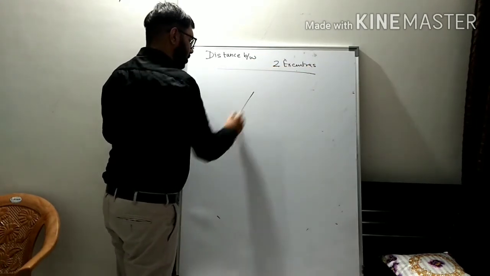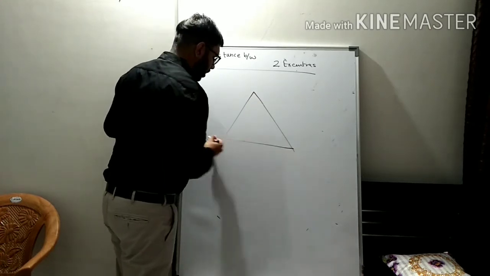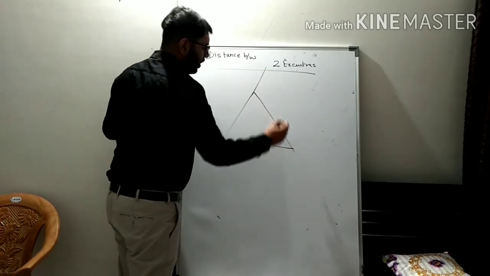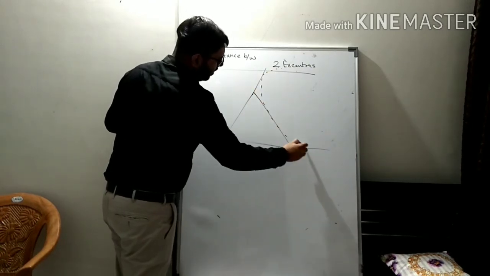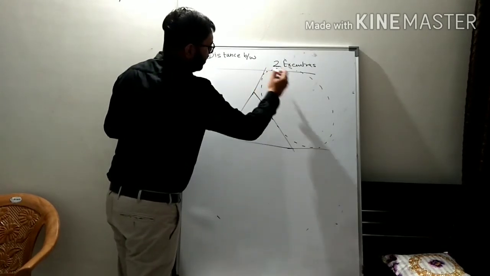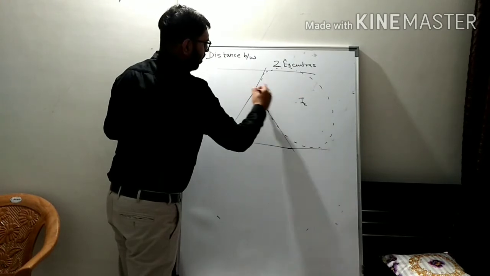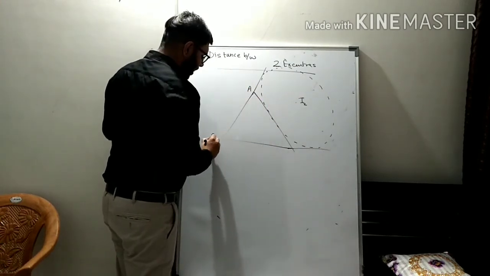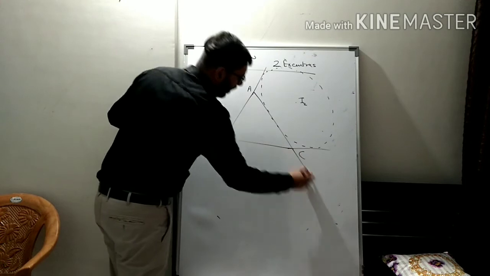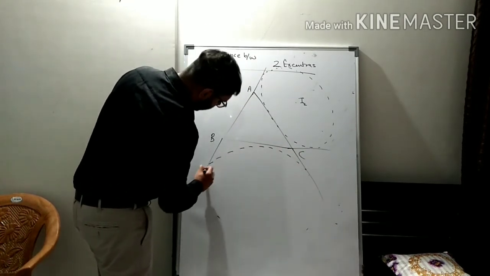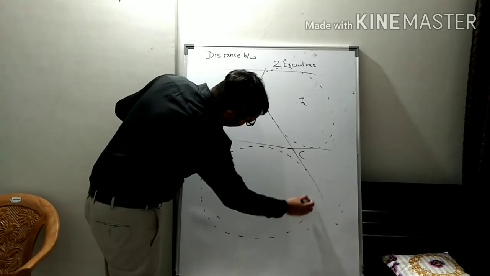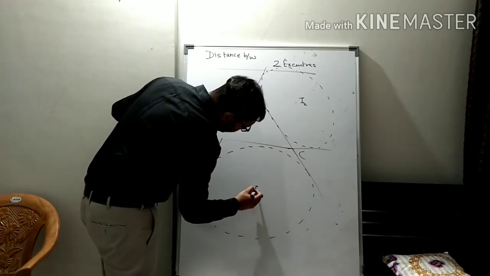So this triangle we already have. Now if I extend this, one circle will be formed like this. It will touch two sides after extending. So the center of this will be I2. This triangle is A, B and C. And now if I extend these two sides and draw a circle like this, the center for this will be I1, an excenter.